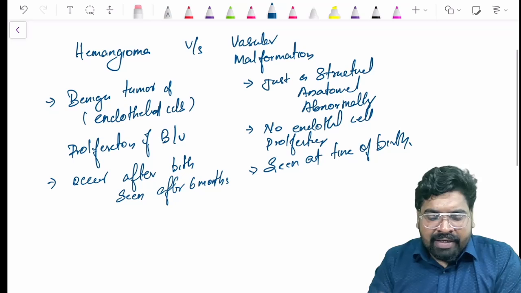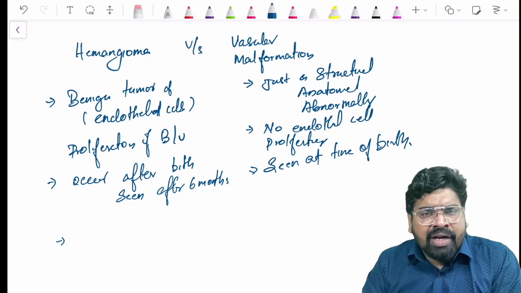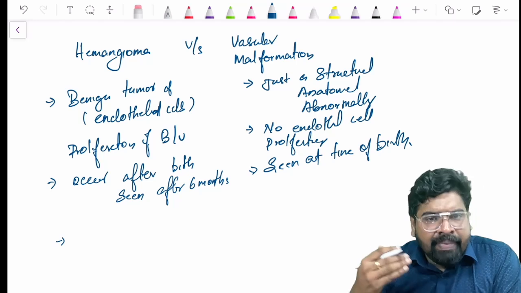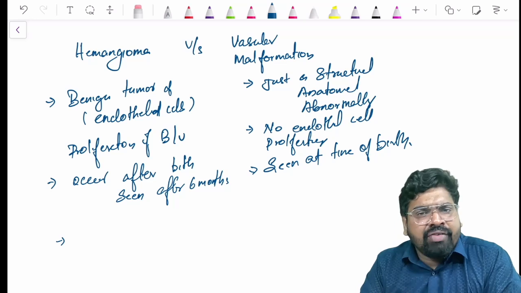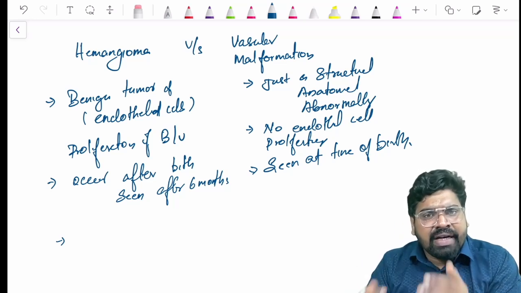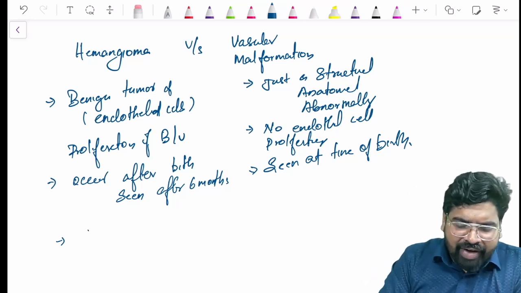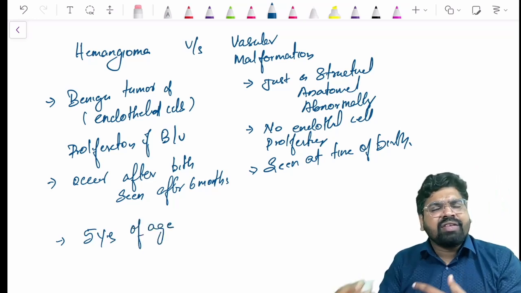Now the fate of these lesions: hemangiomas usually have a phase of growth, meaning it will be growing for some time, then stable for some time. After that it will show a resolution, meaning it will resolve on its own by 5 to 6 years of age.